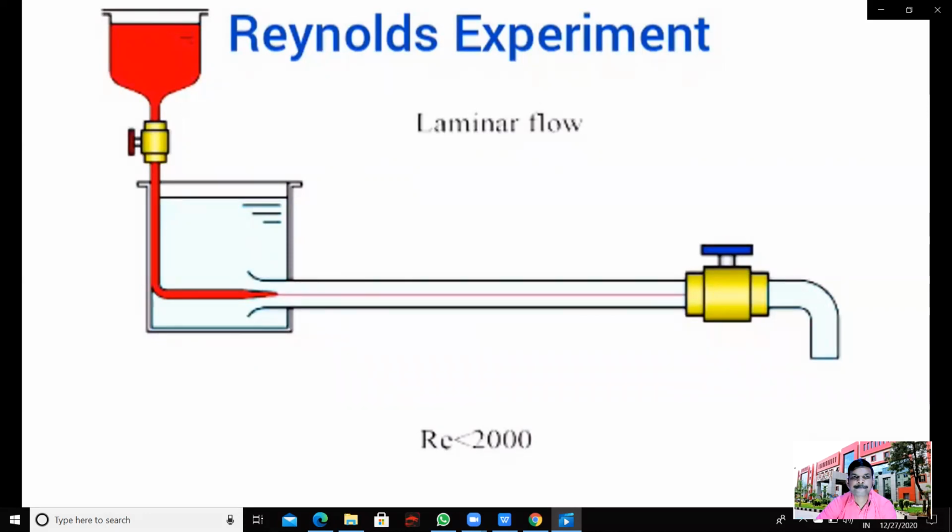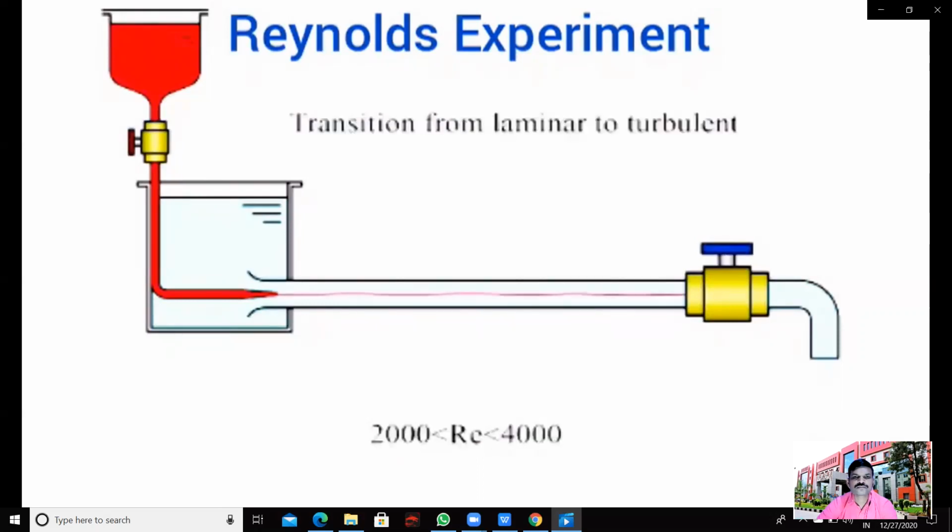At lower velocity of flow, the dye filament in the glass tube is in the form of a straight line, parallel to the glass tube, which indicates that the flow is laminar. When the velocity is increased to some higher value, the filament is no longer a straight line and takes a wavy nature, which indicates that the flow is not laminar.